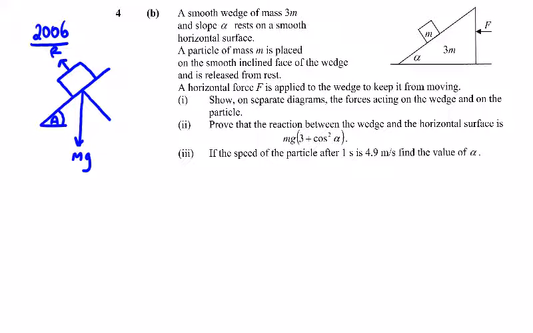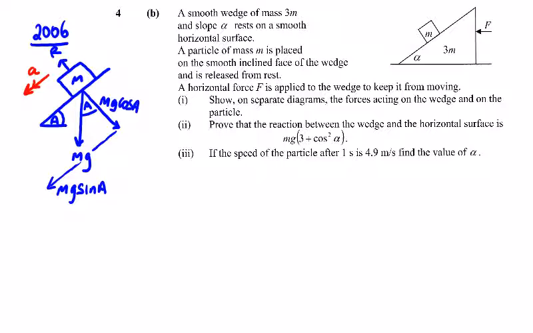Opposite direction to R, we're going to have mg cos alpha, and parallel to the slope we are going to have mg sin alpha. And my m in here. And it's going to come down the slope, so my acceleration a in this direction, no mu in this case.